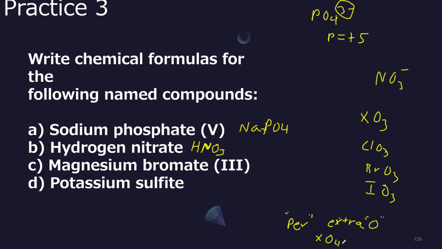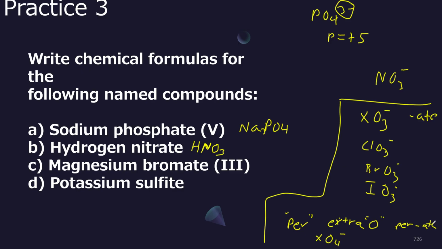Now I think all these do still have a -1 charge, even the per versions. But there are then less oxidized versions containing fewer oxygens. So these ones here are the ate versions. These per ones are the per-ate versions. Perfluorate, perbromate, periodate.